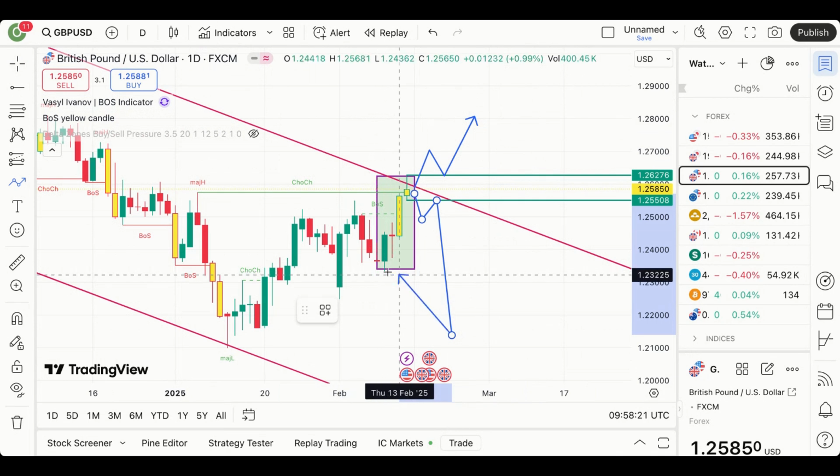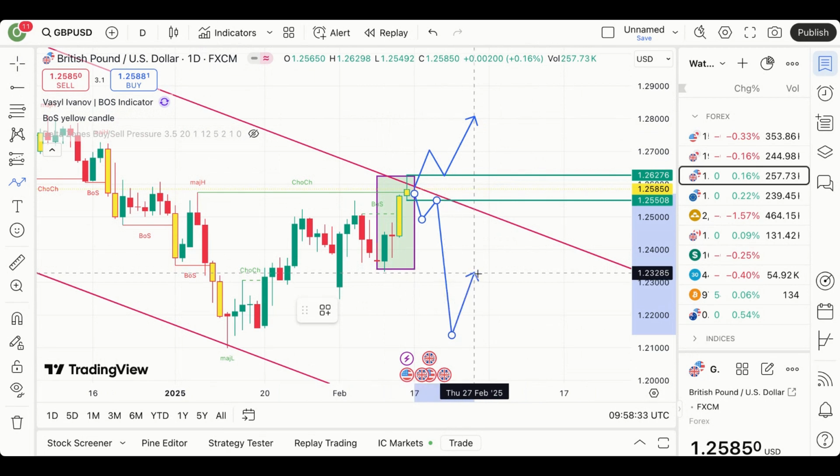However, to actually confirm whether the trade will continue trading downward, we have to wait for this lower high to be broken. So if a candle breaks this line here, then we know that it's trending downward.